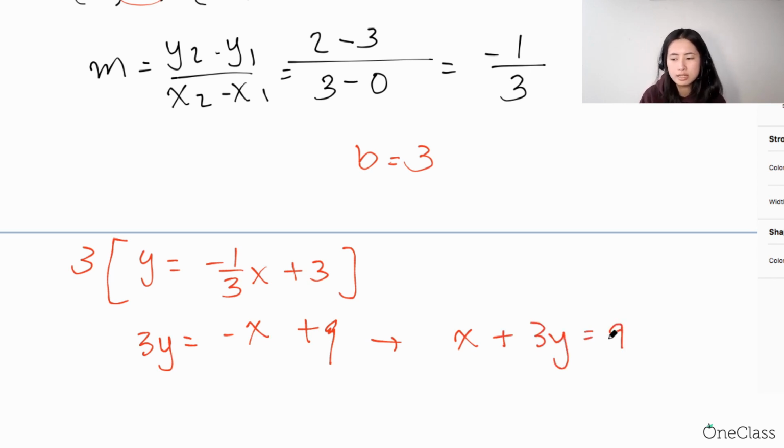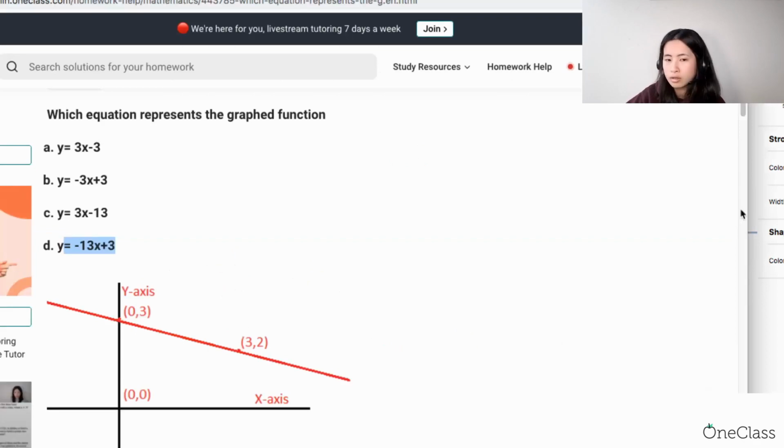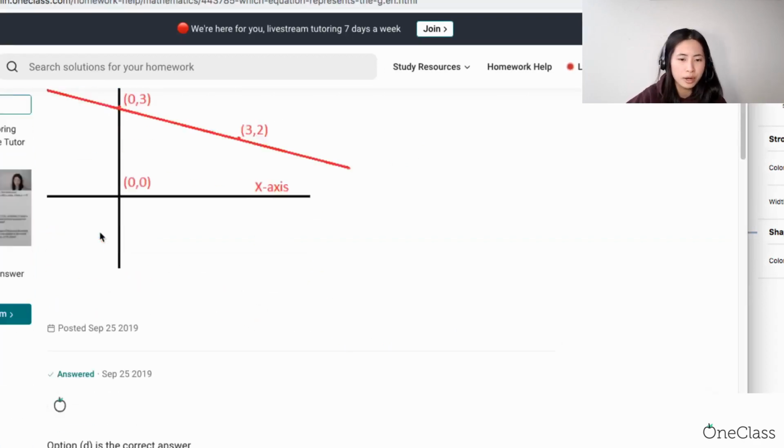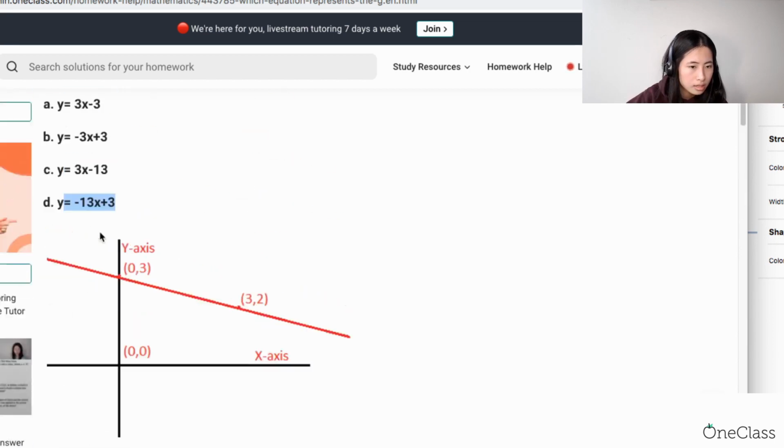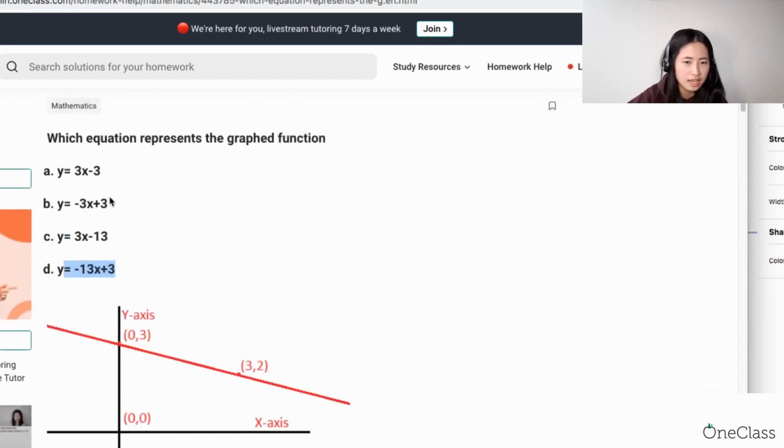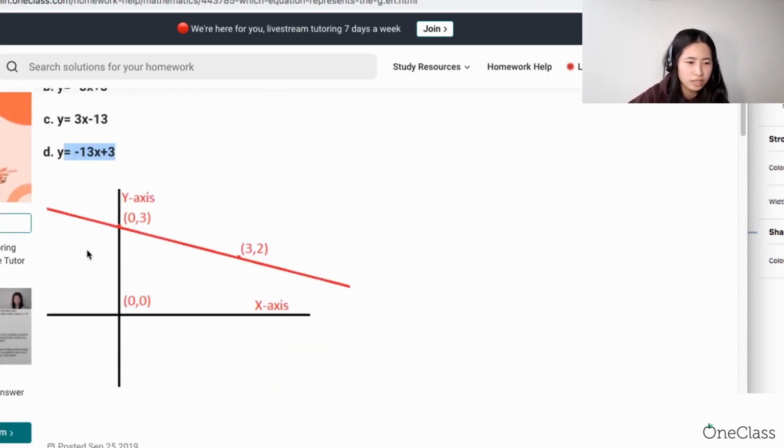So regardless, we don't have that option. Okay, let's go back to the question. Yeah, we don't have that option. Apparently, as you can see, it's not within the following options.